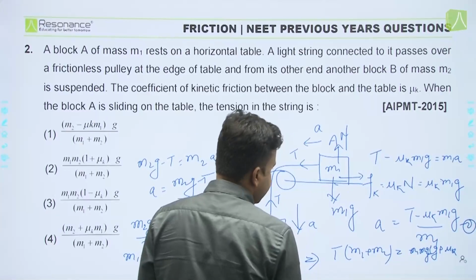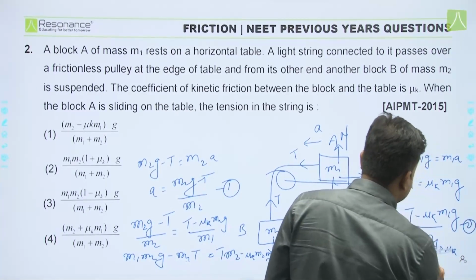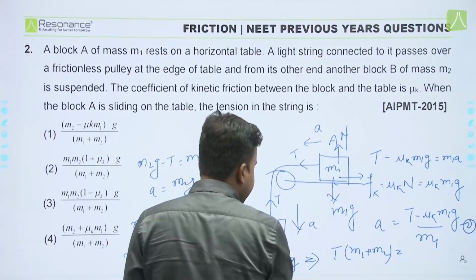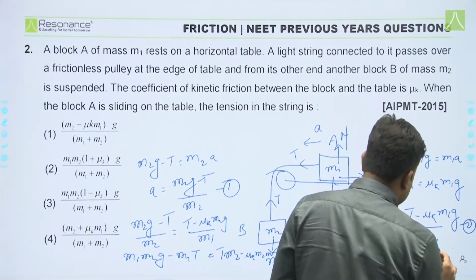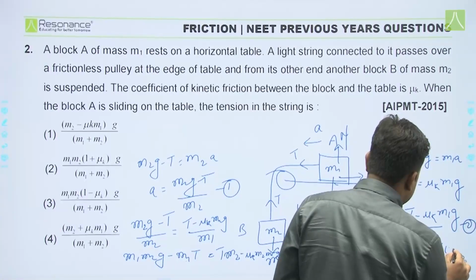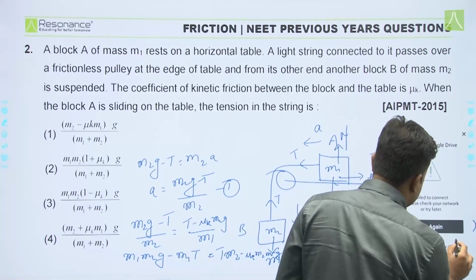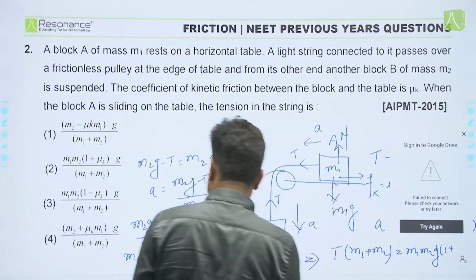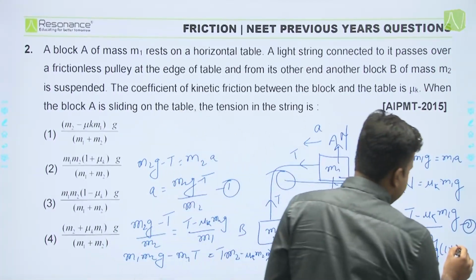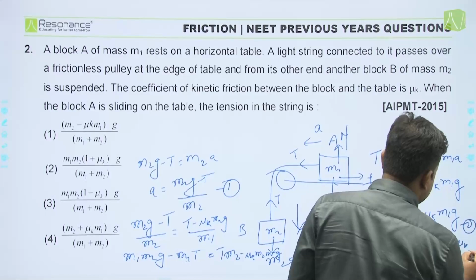I am writing again. So we can write m1 m2 g into 1 plus mu k.